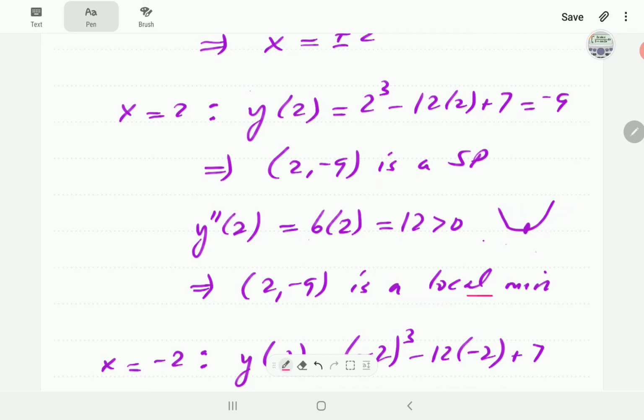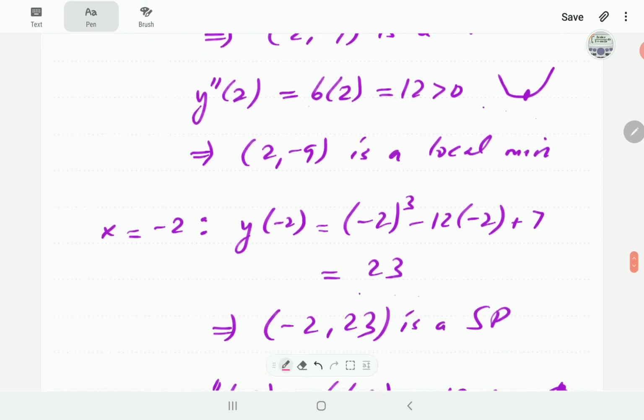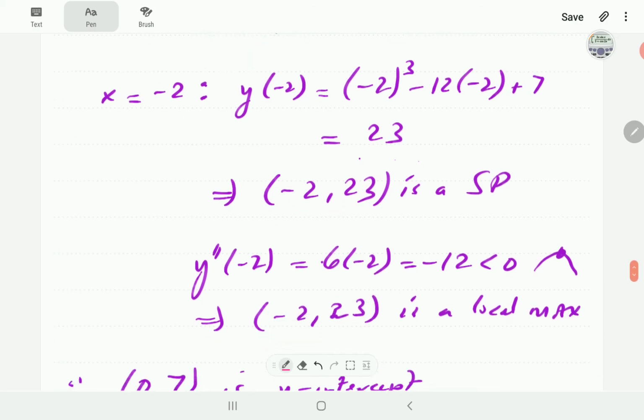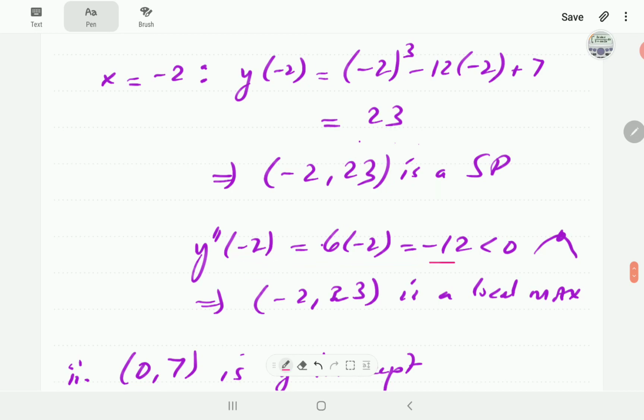So we've got a local minimum or relative minimum at 2, -9. Then if we do the same thing for x is -2, we find that y is 23. So the point is -2, 23. If we plug this in the second order derivative, it gives us a negative, so it's concave down. So -2, 23 is a local maximum.